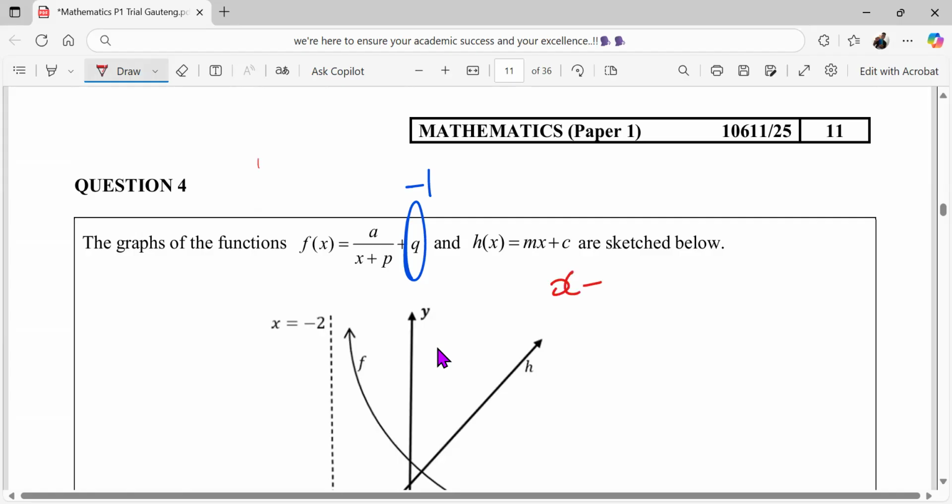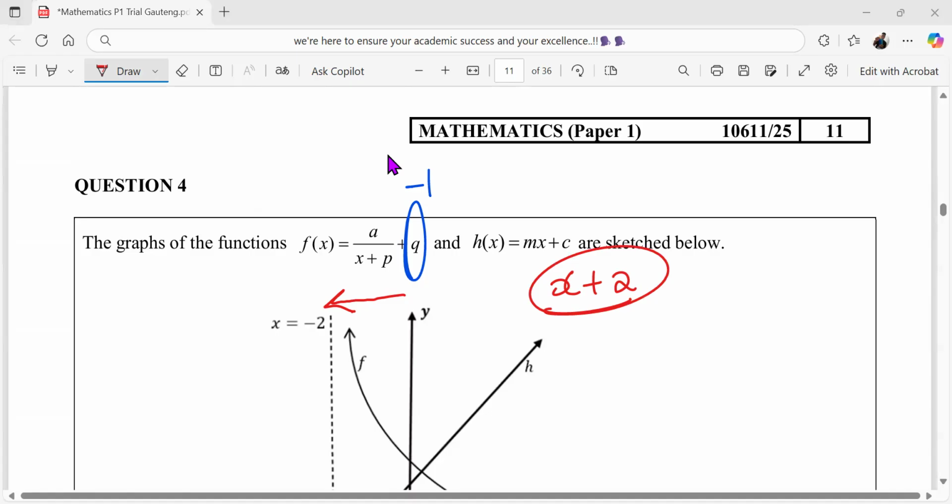Why do we say x plus 2? Well, that's because the hyperbolic function was shifted 2 units to the left. And that's how you show a horizontal shift of 2 units to the left. You say x plus something.